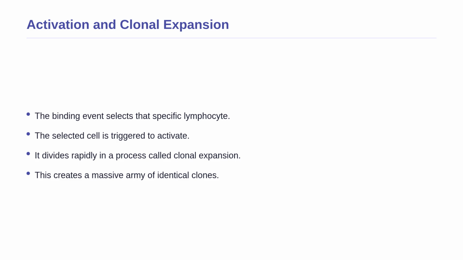This means it begins to divide rapidly and exponentially. One cell becomes two, two become four, and so on, until a massive army of identical clones is created. Every single clone in this army possesses the exact same receptor, making them perfectly equipped to hunt down and destroy that specific pathogen.